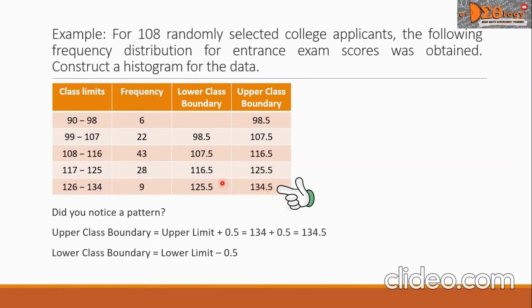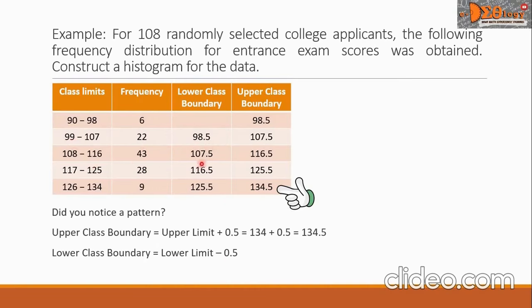Also, for the lower class boundary column, if we look at our lower limit, this is 99, it seems that this 98.5 is the result when we have lower limit minus 0.5. So you see, this is 99 minus 0.5 will give 98.5.